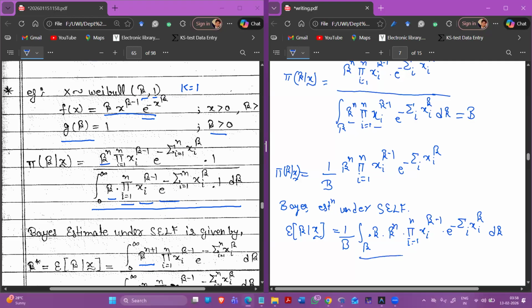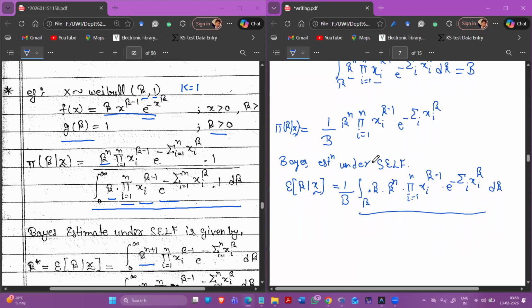Now you have this portion, so I can combine beta and beta raised to the power n. The base is the same, so it will become beta raised to the power n plus 1.